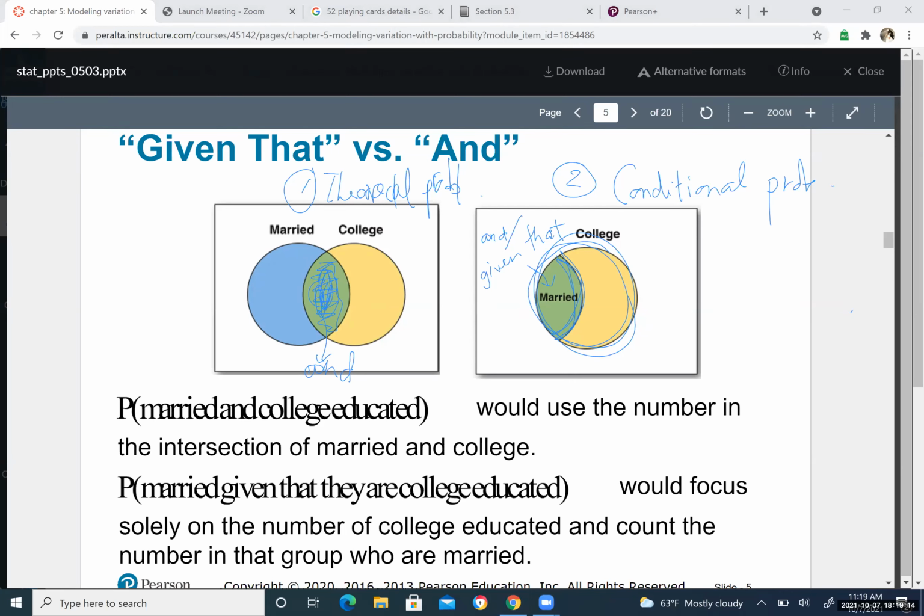So now is the application for that. And again, they're not giving us the formula yet. So now we look at the table first to see what happened. They're asking us the probability of married and college educated.